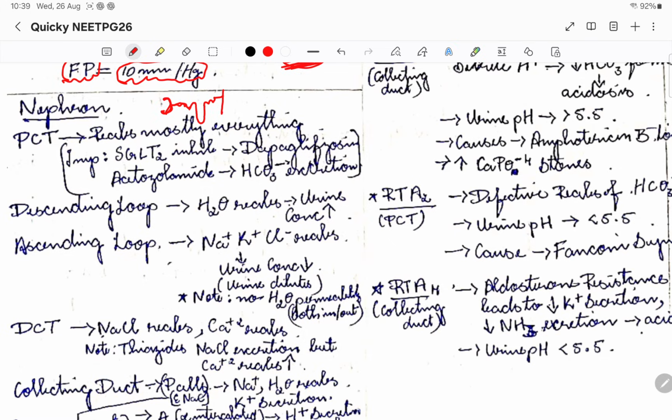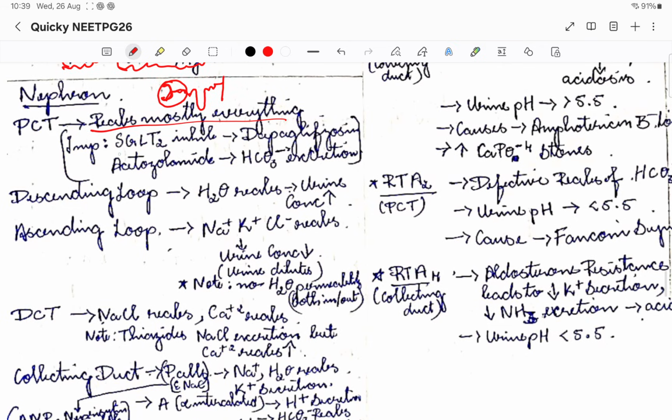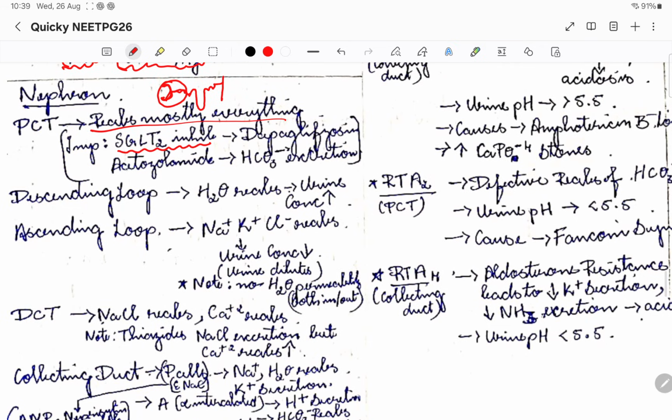Okay, so the PCT reabsorbs mostly everything. All the glucose, sodium, everything will get reabsorbed. The two important things I want you to notice are SGLT2 and the bicarbonate action. SGLT2, the active glucose transporter, reabsorbs all the glucose from the urine.